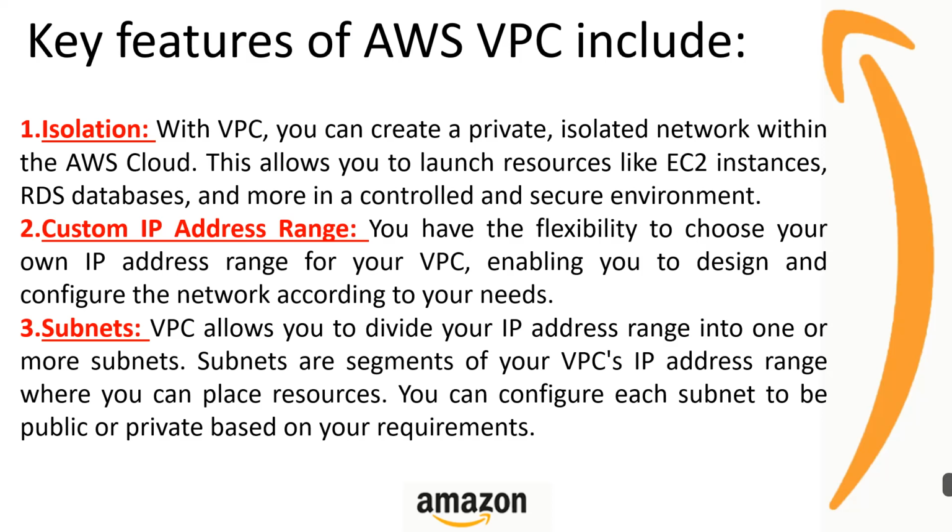And class A is the large network, meaning it provides a large number of IP addresses. So in the VPC we can customize the IP address, and we have the flexibility to choose our own IP address range for our VPC, enabling you to design and configure the network according to your needs.